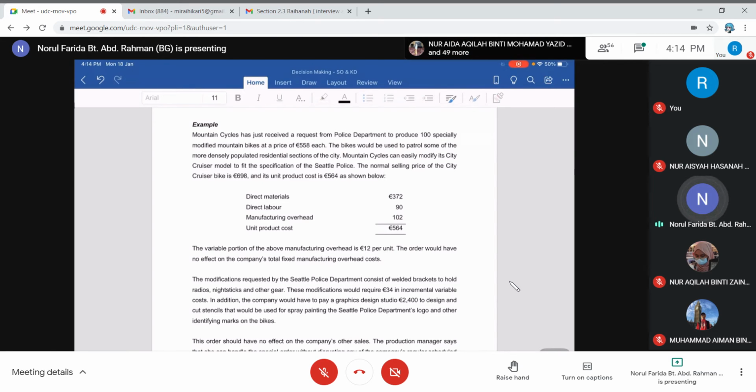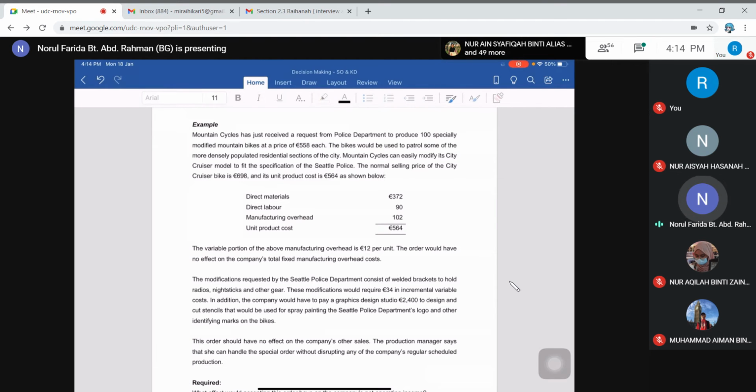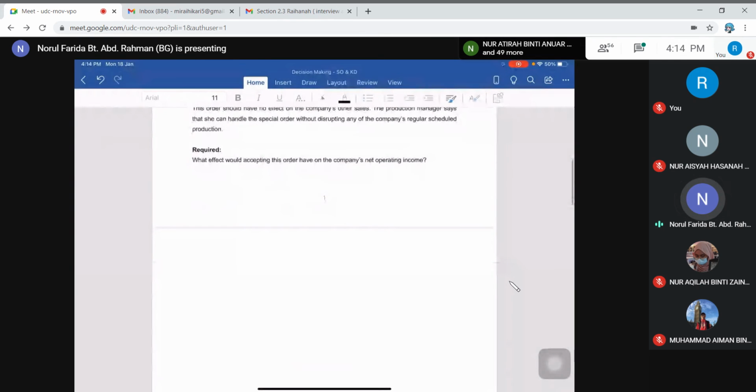Tu basic lah, basic cara untuk kita dapatkan kita punya net income. Okay, so in this example then we are going to do, we have to calculate lah. Alright, so in this case we want to do the net income or additional income.